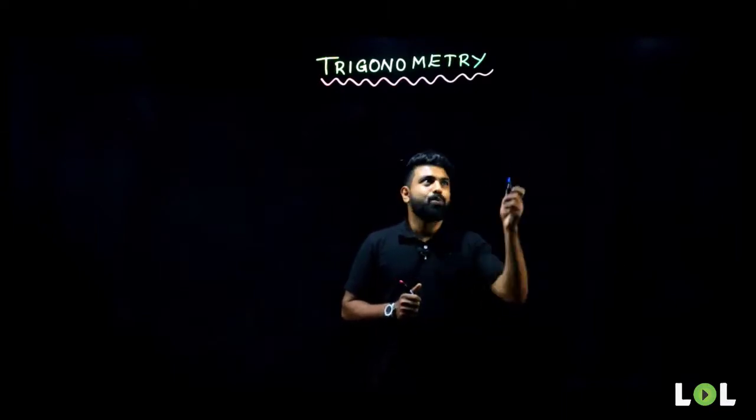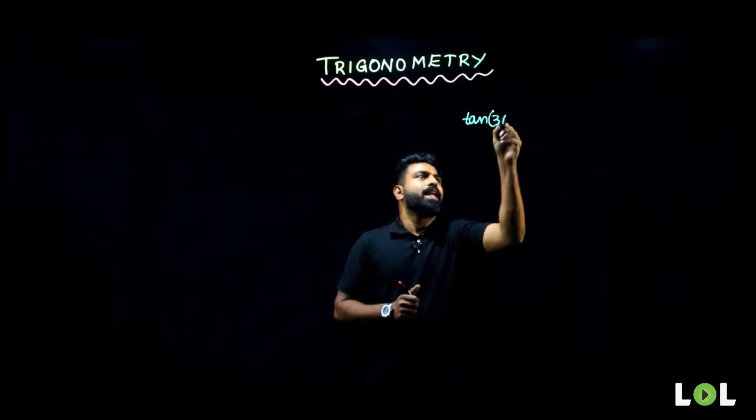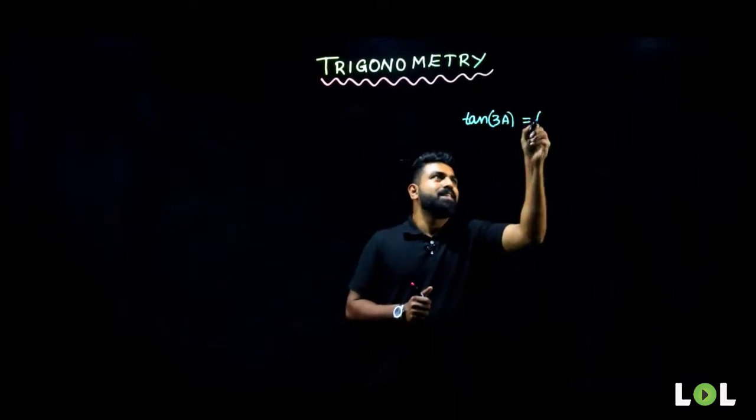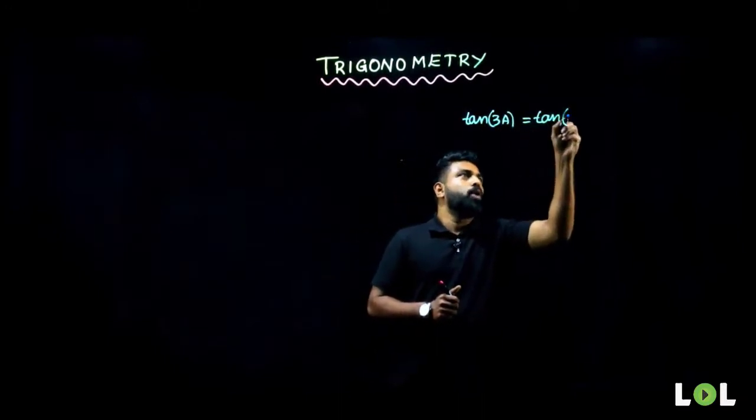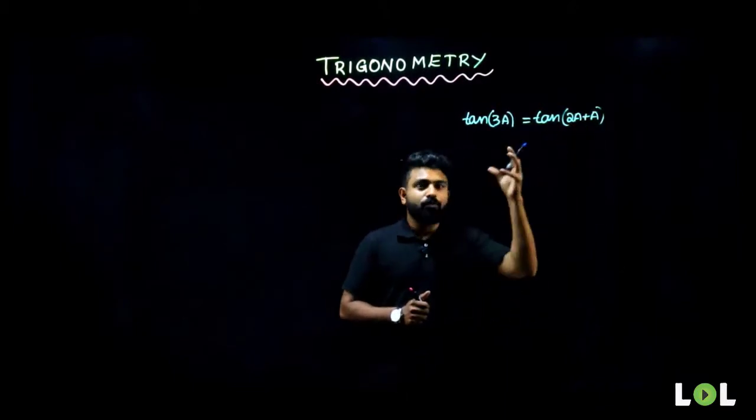So which is the next one? It is tan of 3a. What can I write my tan of 3a as? I can also write this as tan of (2a plus a). Again, this is of the form tan of (a plus b).